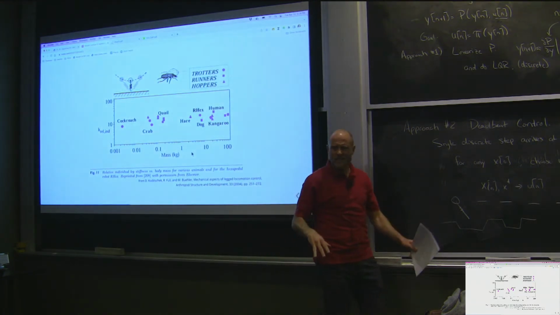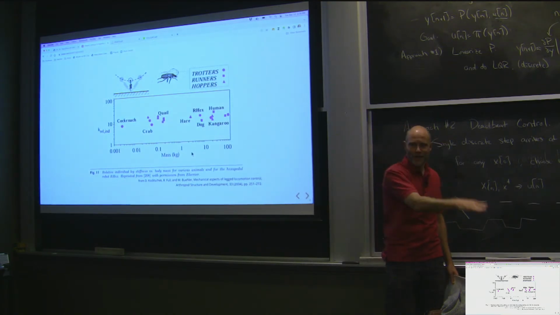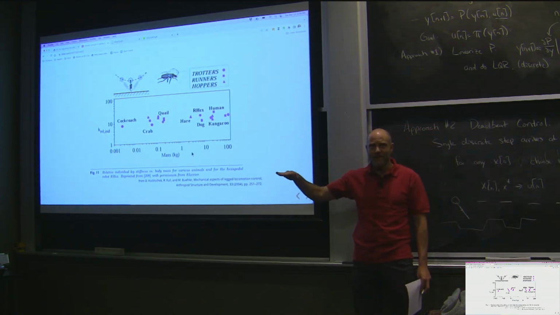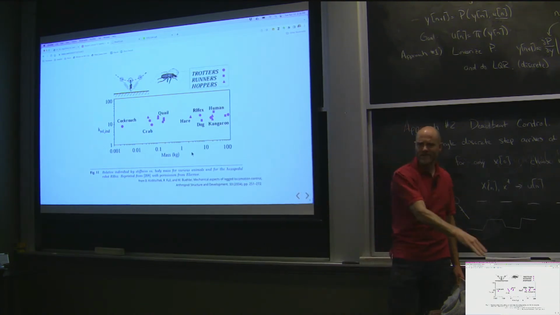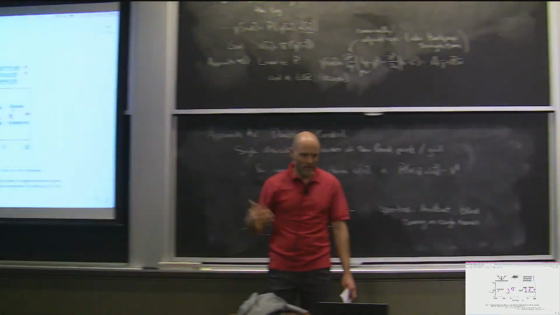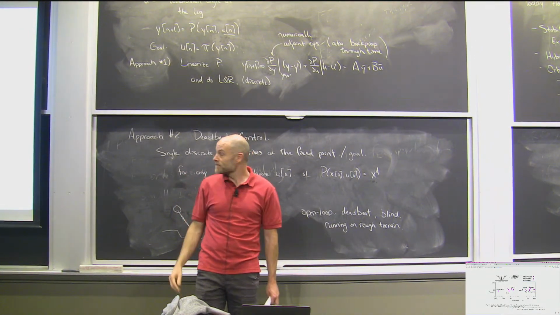And they have all kinds of different gaits, different numbers of legs, but they all have this characteristic spring-like gait, and a similar time constant, scaled, right? Pretty crazy, right? This is a big thing in comparative biomechanics.